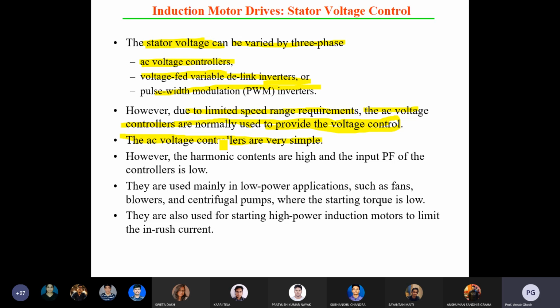However, the harmonic content is very high and the input power factor of the controller is low. Definitely, high harmonics means the power factor will also be low. High reactive power causes a reduction of the power factor.